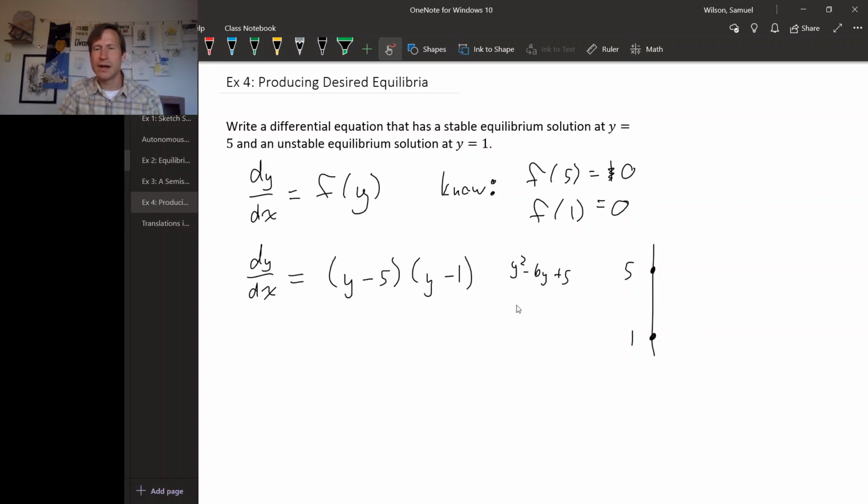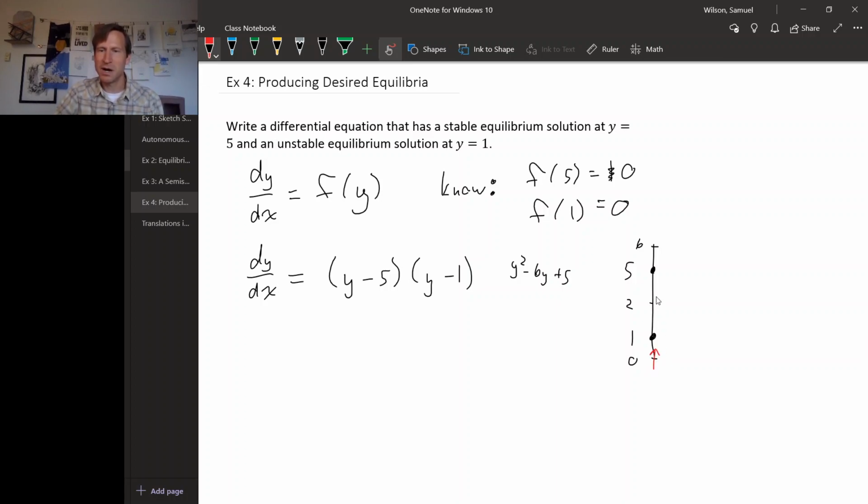And if we check some test points to complete this phase portrait, we could check 6 and 2 and 0. I'll let you do the calculations, but it turns out that the phase portrait comes out like this.